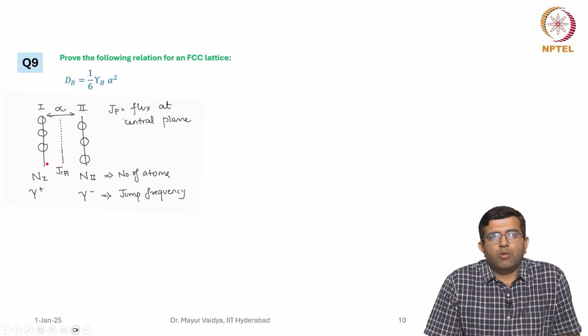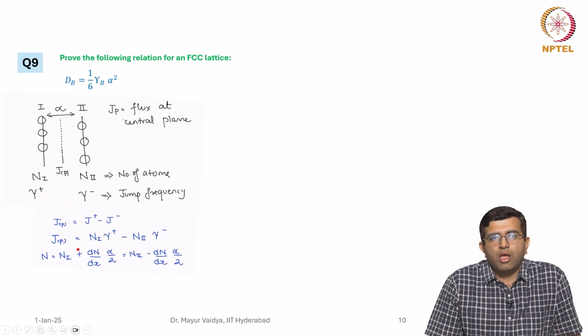We had one plane and another plane, let us say the number of atoms in plane 1 is N1 and it is N2 in plane 2. The jump frequency in the forward direction is gamma plus, in the backward direction it is gamma minus. So, the total flux will be J plus minus J minus, that is forward minus backward.